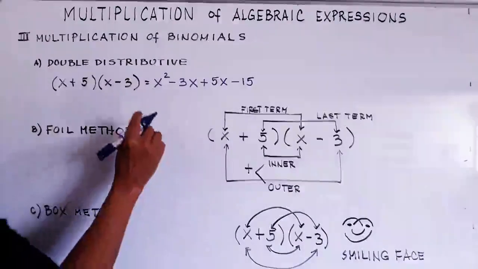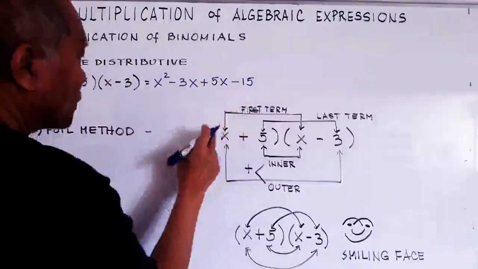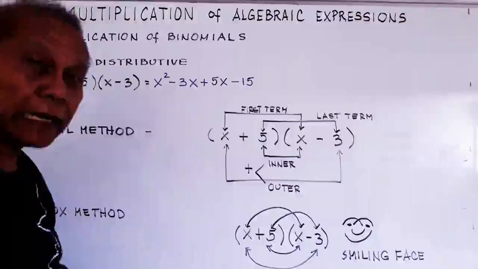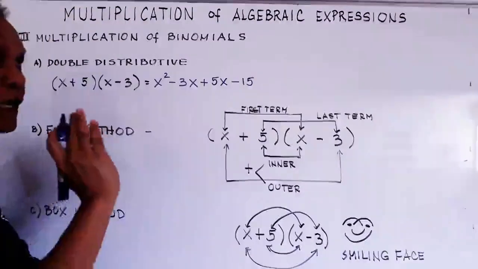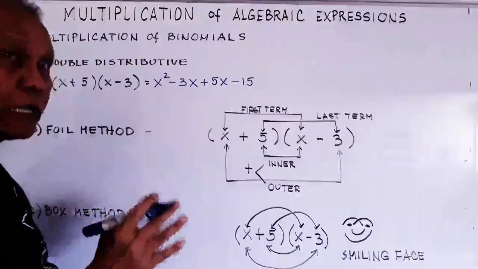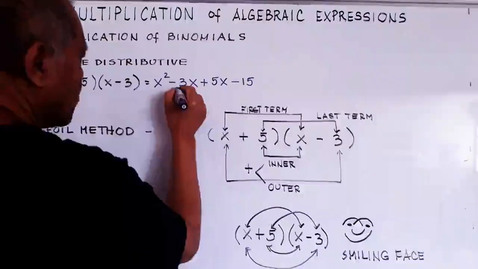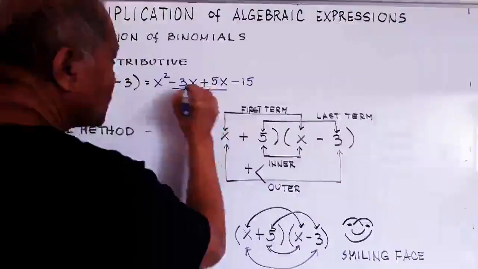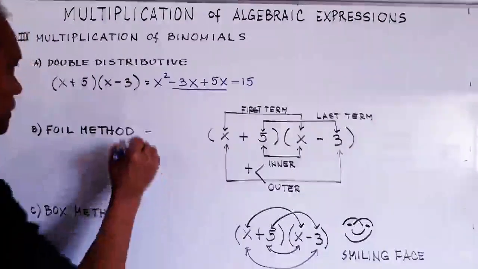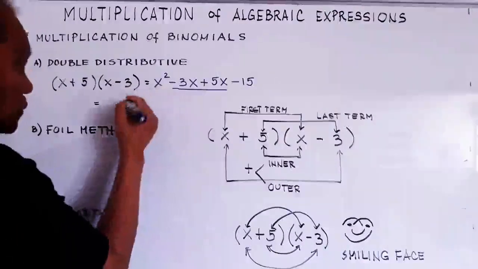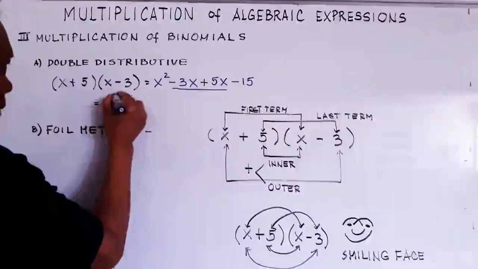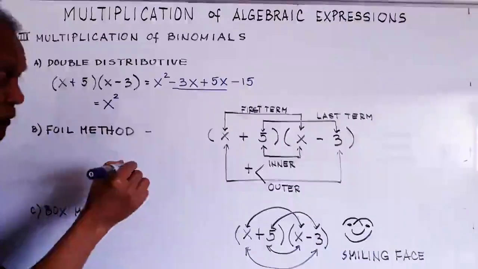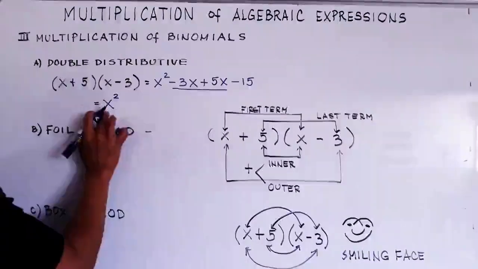But if we are going to look in our expression here, we have like terms, and when we have like terms, we need to add them. We need to add these two because these two are like terms. So our final answer: for x squared, there is no pair for like terms, just copy the x squared here.